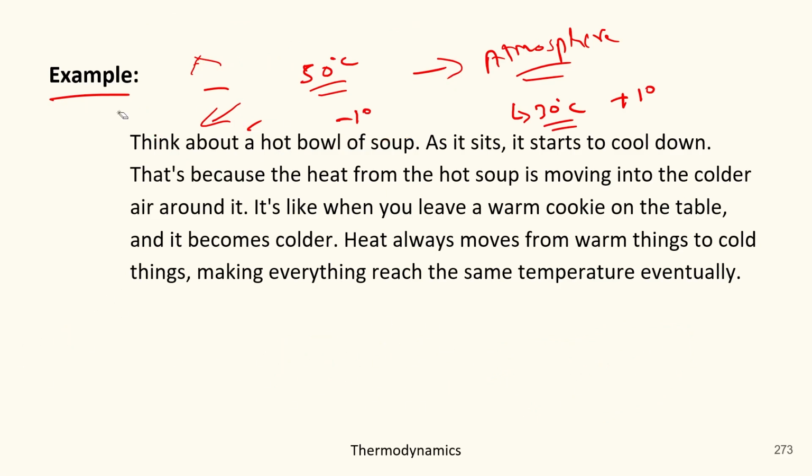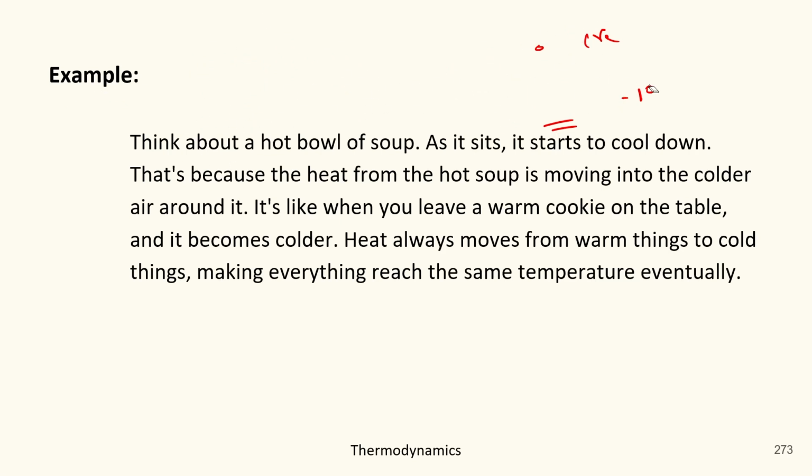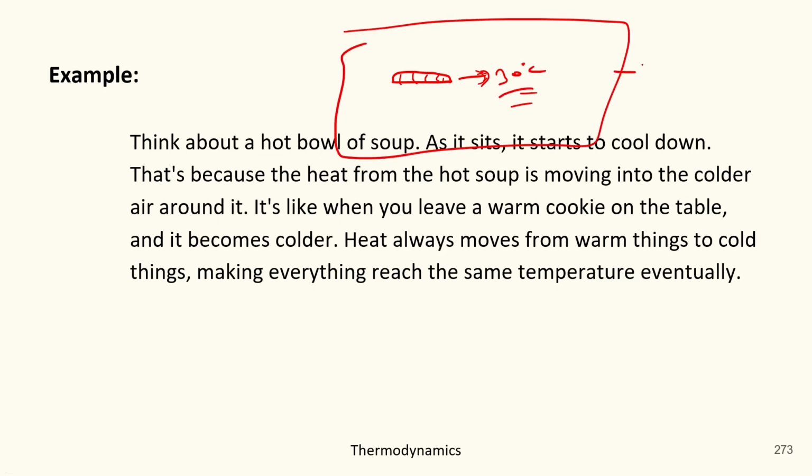Now let's also understand the second statement for the hot cookie. Suppose you left the hot cookie, which has a temperature of nearly about 30 degrees Celsius, just an example, and the surroundings where it was kept have a temperature of only 10 degrees Celsius.